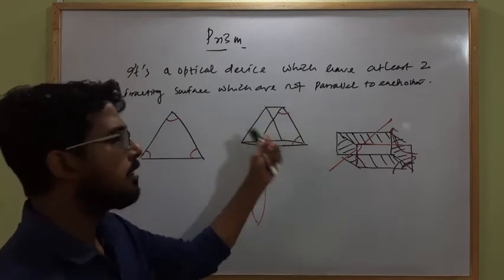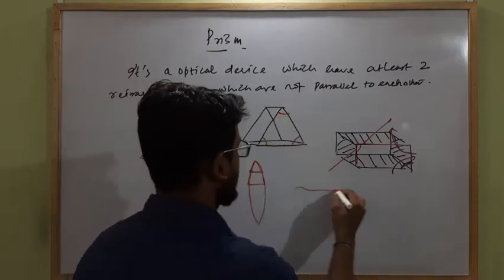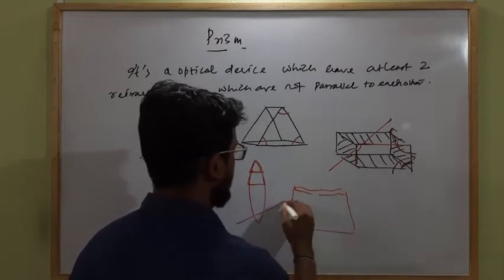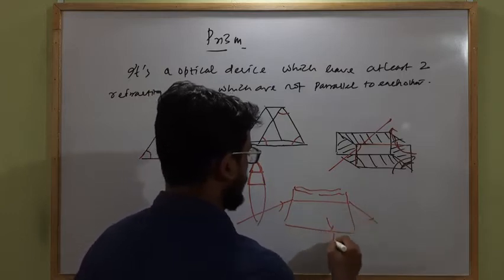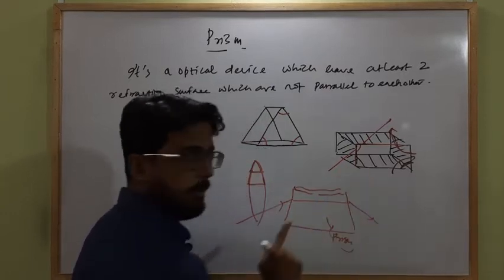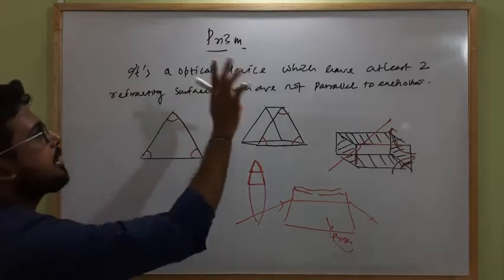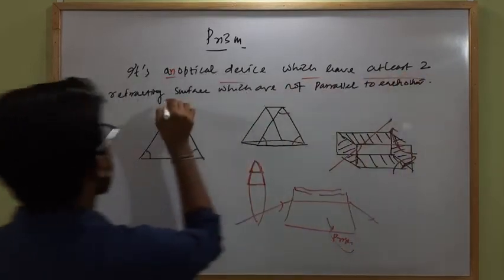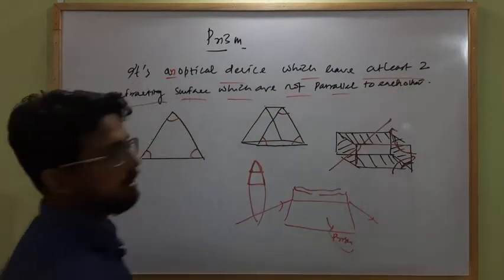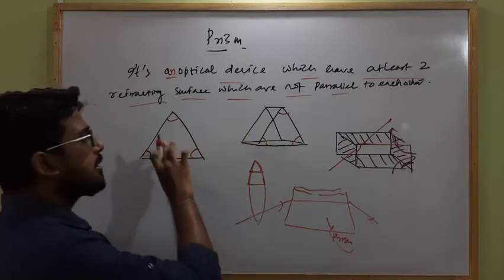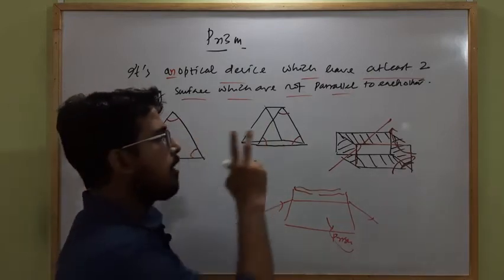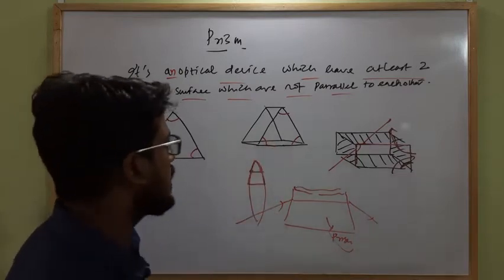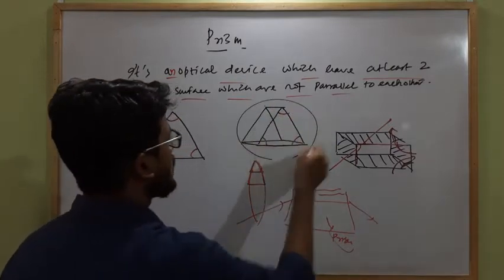If this prism is broken somewhere like this, but light can travel through it, then this is also a prism. Clear? So any substance that has at least two non-parallel refracting surfaces can behave as a prism. But we generally deal with this one, which is known as a prism.